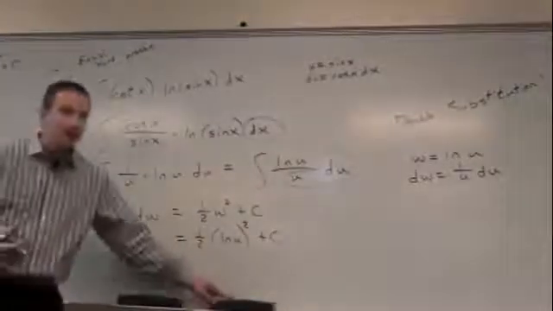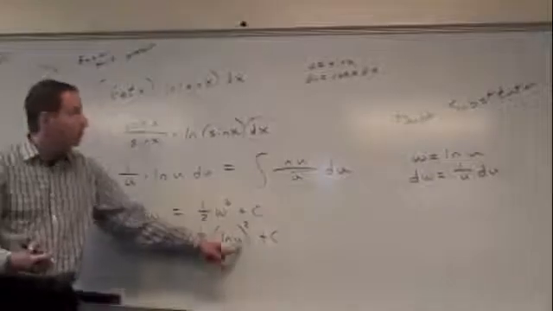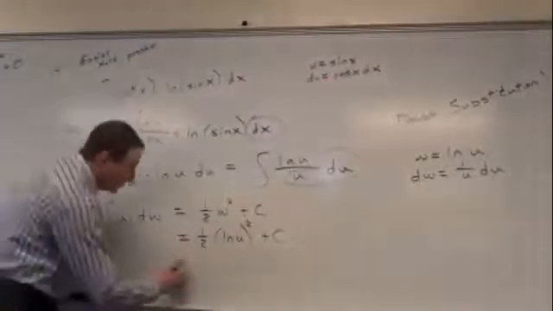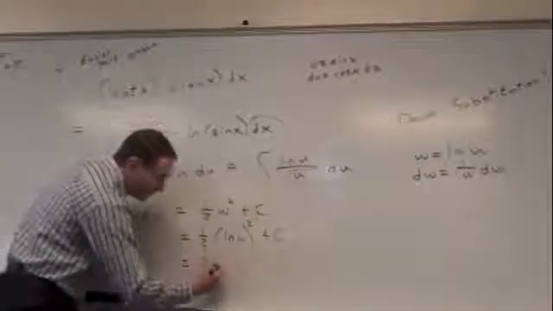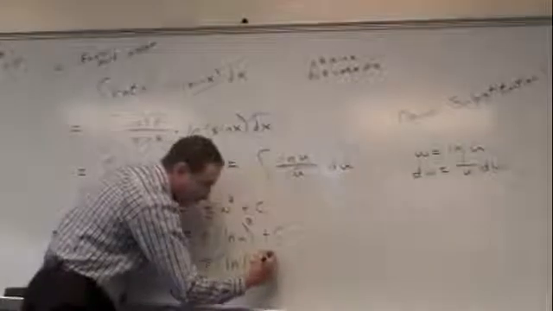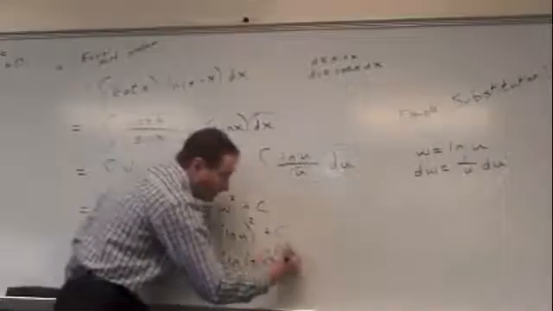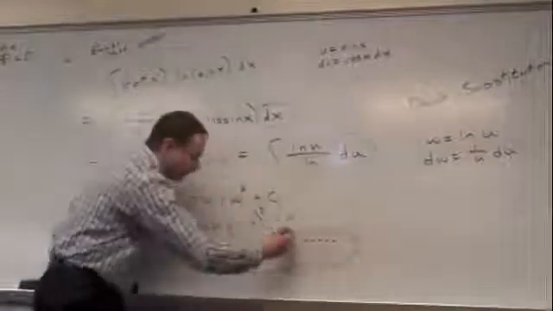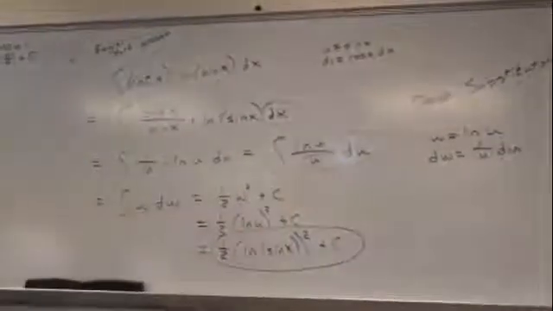But I'm not done with that, because now I know u is equal to the sine of x. So this is equal to 1/2 the natural log of the sine of x, all of that quantity squared, plus c. Is that one okay?